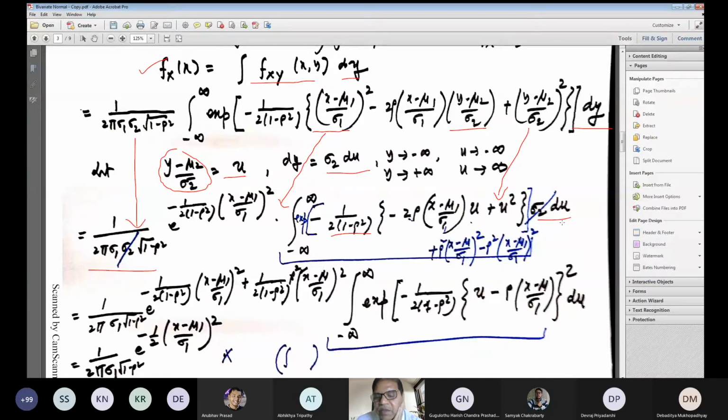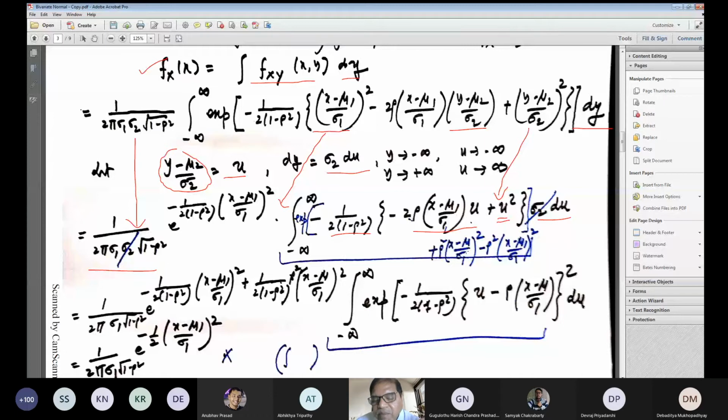Having done that, now this particular integral we have to simplify. As you can see, there is a square term here and there is a product term, so we make it a perfect square. In order to make a perfect square, we add rho square ((x minus mu 1) by sigma 1) square and subtract the same quantity.